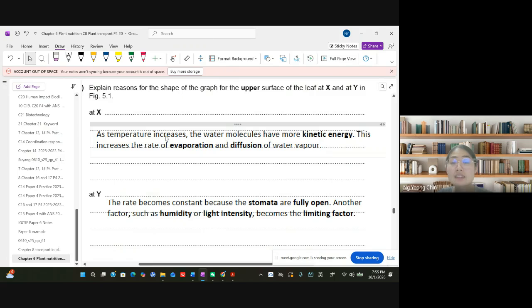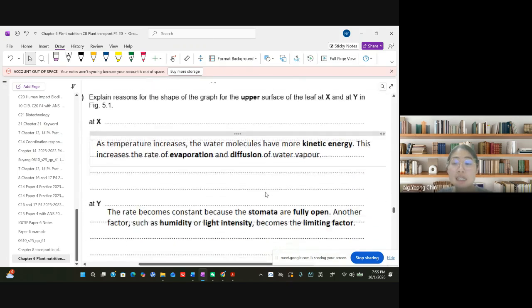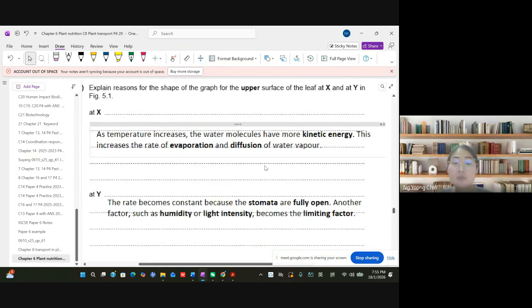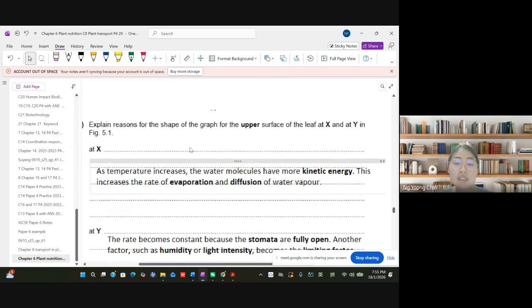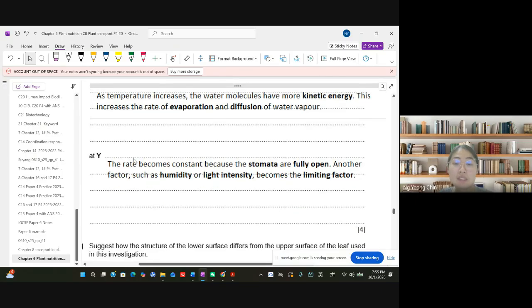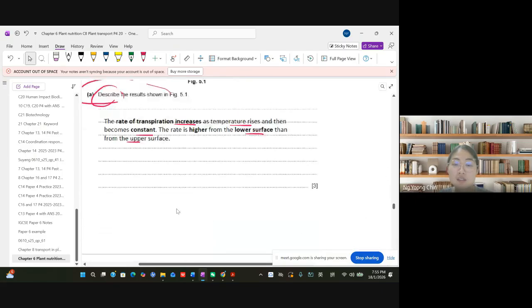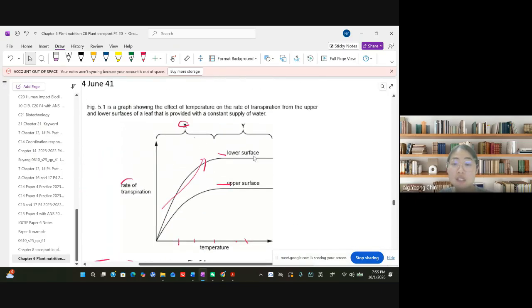As the temperature increases, it increases the kinetic energy of the water molecules. This increases the rate of evaporation and diffusion of water vapor. And then in the Y stage, the rate becomes constant, around this stage.